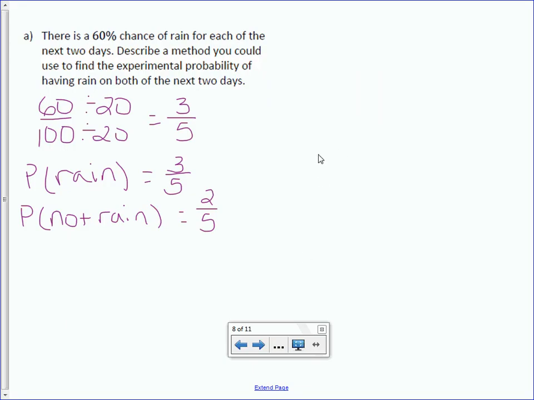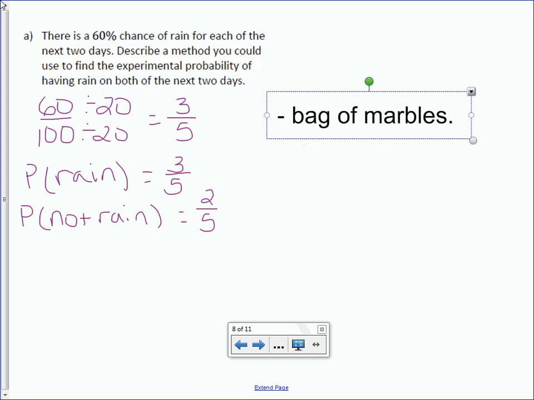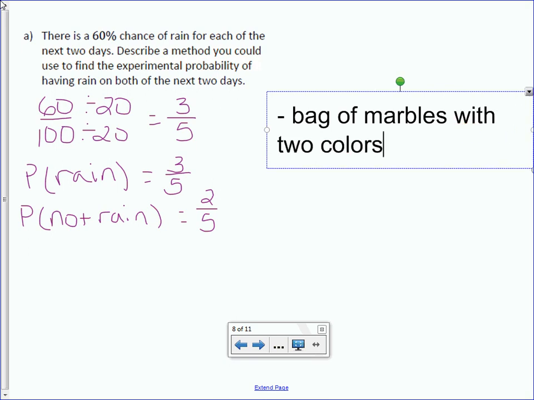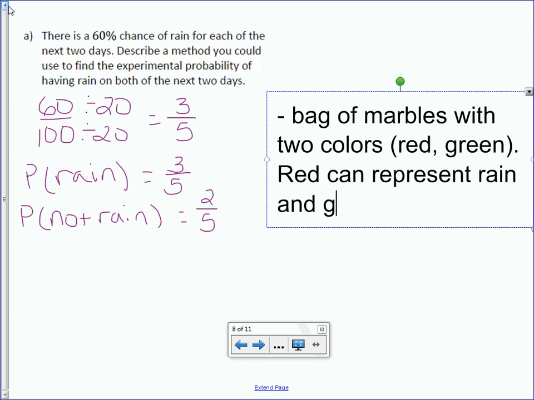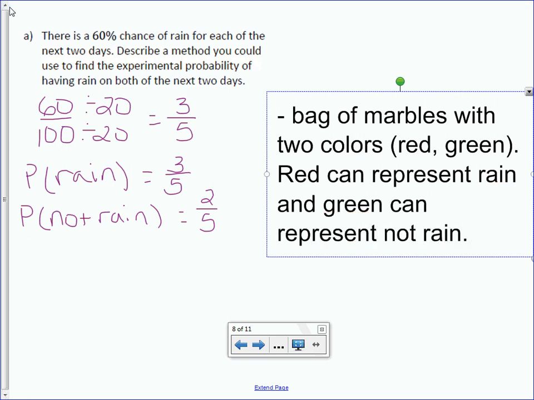Now, what we could do here, the easiest thing to do when you have unequally likely events is you can have a bag of marbles with two colors. Let's just say red and green. Red can represent rain, and green can represent not rain.